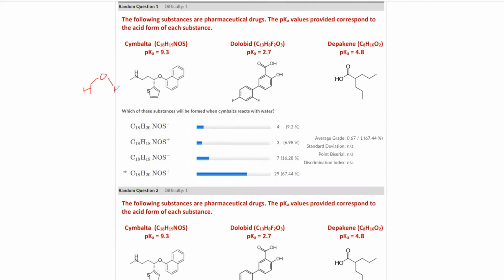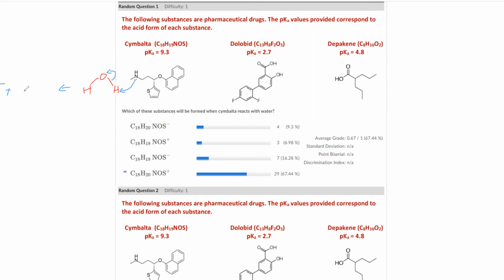Let me draw a water molecule over here. The lone pair on this nitrogen can be used to abstract or accept a proton from water, which generates OH minus ions.